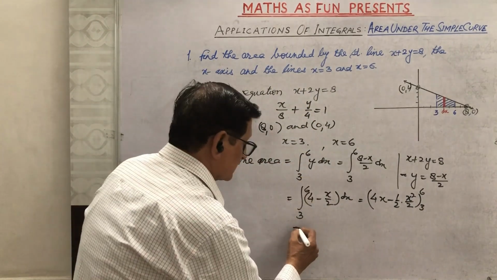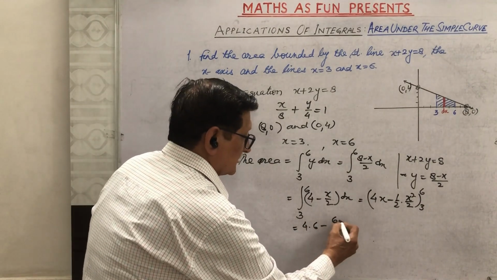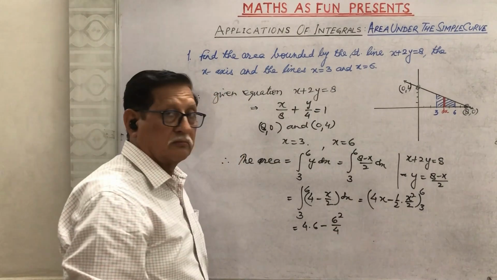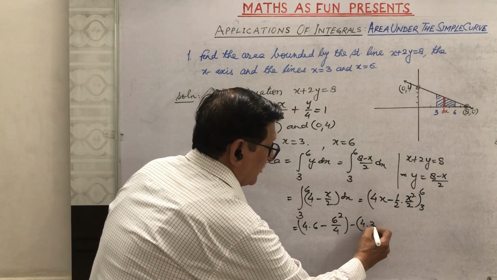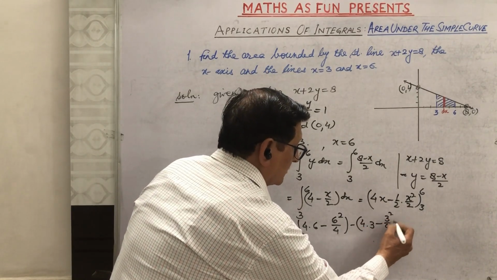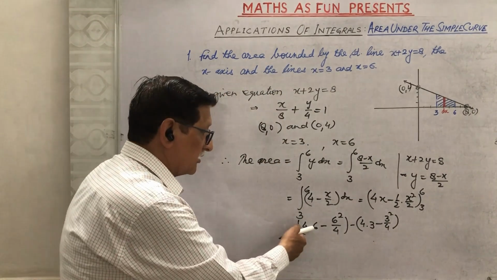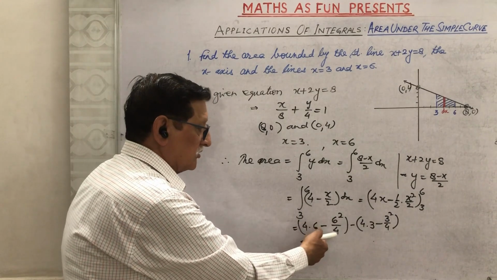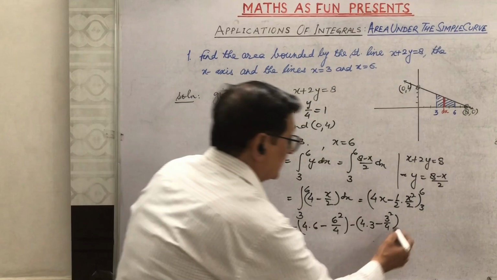We apply the limits. There is 4 into 6 minus 6 square upon 4. Then minus, 4 into 3 minus 3 square by 4. Calculating this, we are getting 24 minus 36 by 4 is 9. It means 24 minus 9 is 15.